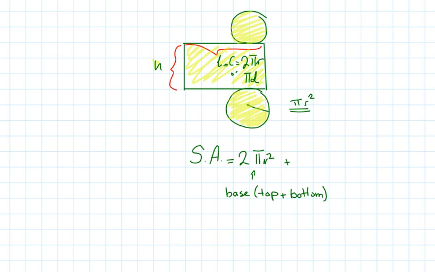Plus the surface area of the rectangle, which is the length times the width. In this case the length is 2 pi r, so 2 pi r times the width, which is the height of the cylinder, h.